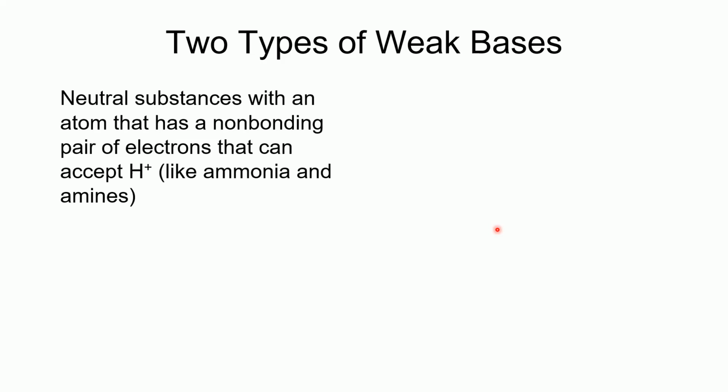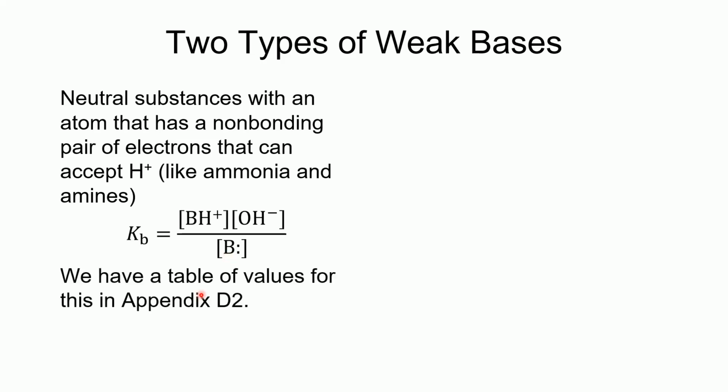All of these are going to have expressions that look like this, where Kb will be equal to the concentration of the conjugate acid of your weak base times hydroxide concentration over the concentration of the weak base. We do have the table of values in Appendix D2, which I just showed you a minute ago, that shows you a whole bunch of these.